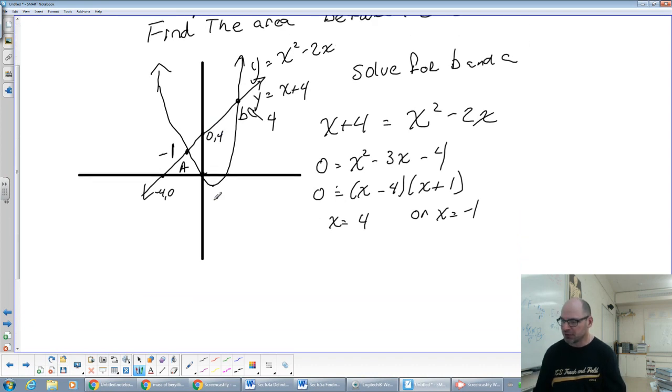So step 2 is to integrate from our limits of negative 1 to 4 of the top function, the line, which is x plus 4, minus x squared minus 2x, dx.